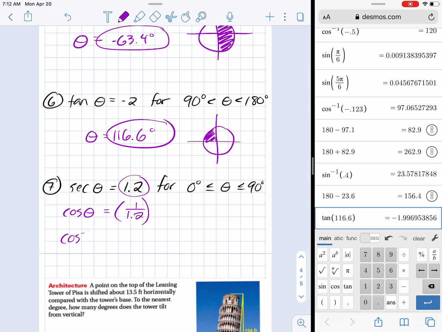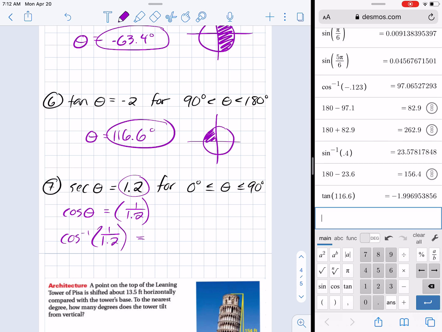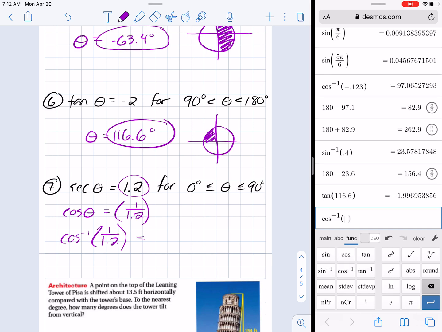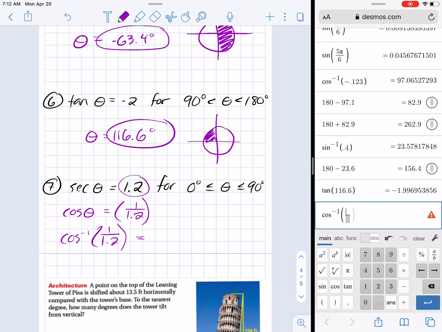And when you enter the inverse cosine of 1 over 1.2 on your calculator, you get 33.6 degrees. And then just make sure you're in the correct quadrant. That's restricted. Yep, you're told that you have to be in quadrant 1, so that checks out.